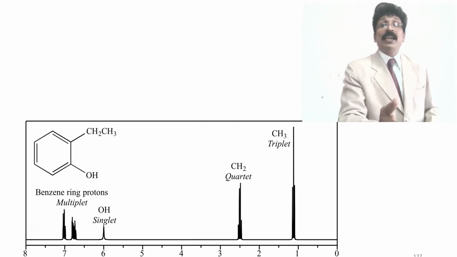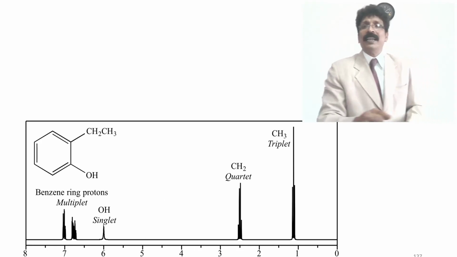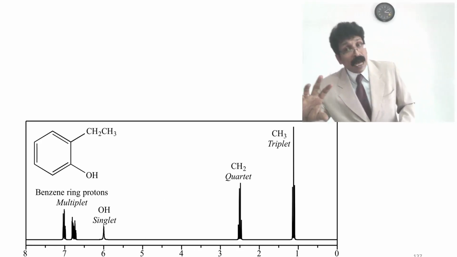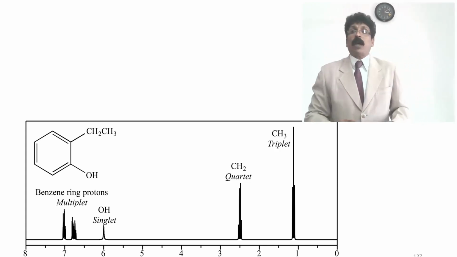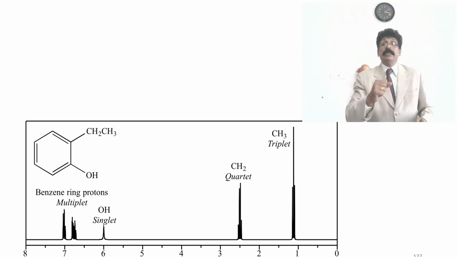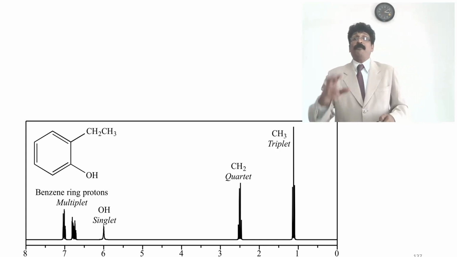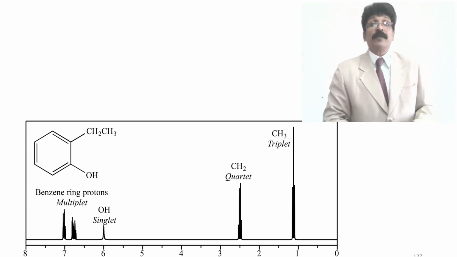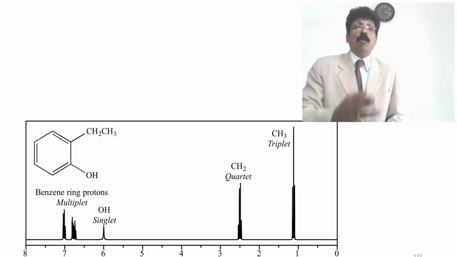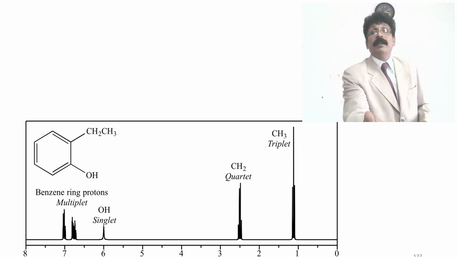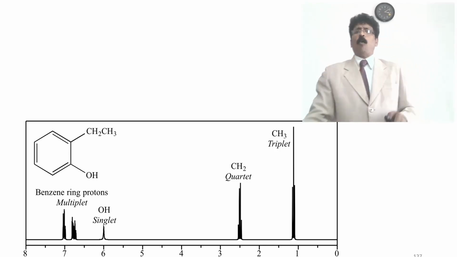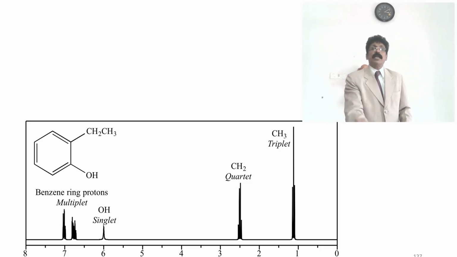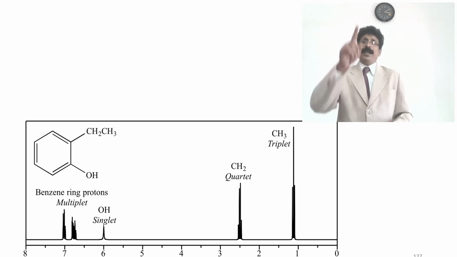So that is one example, and this is another example I have taken to show you OH. See, the presence of other atoms, the presence of the environment in the proton or in the nearest ring can also be identified by NMR. You see this graph? See, this is the benzene ring proton, you can see the peaks here. A singlet, quartet, triplet. What is this triplet? Singlet means one peak.